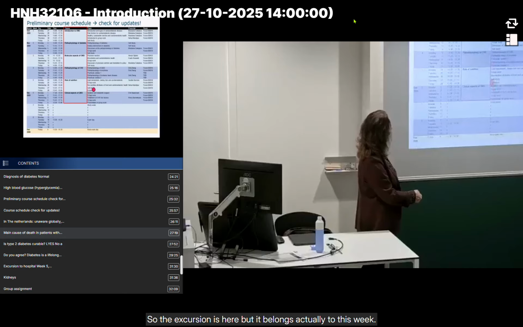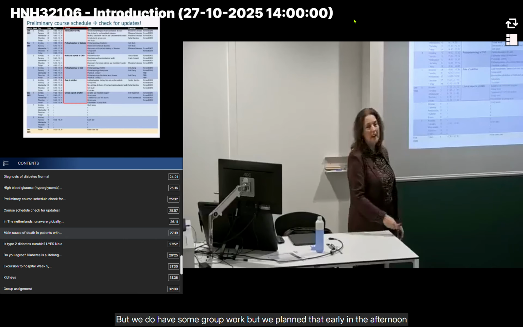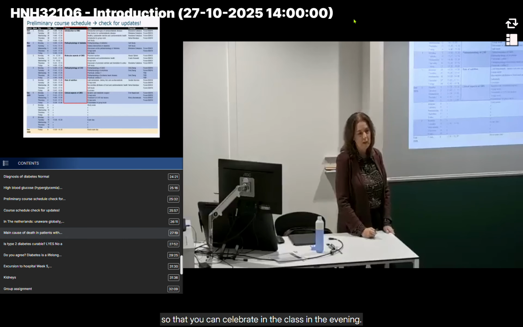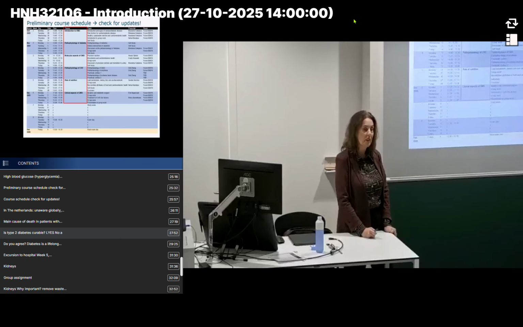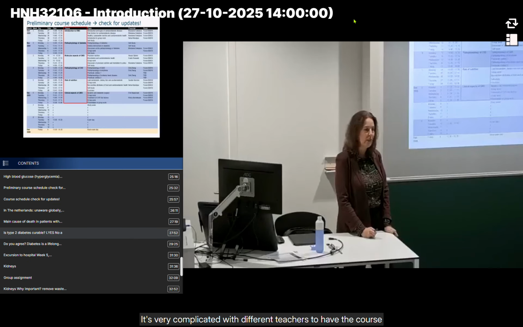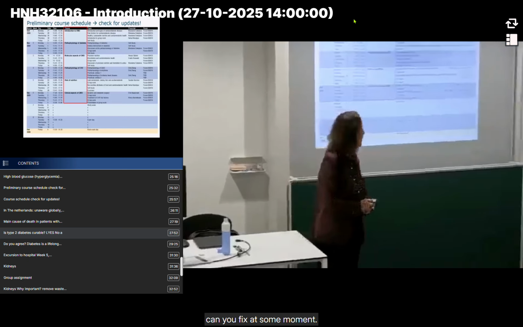So the excursion belongs actually to this week. We do have some group work, but we planned that early in the afternoon so that you can celebrate Sinterklaas in the evening. So it was the only way to organize the course. It's very complicated with different teachers to have the course schedule fixed at some moment.